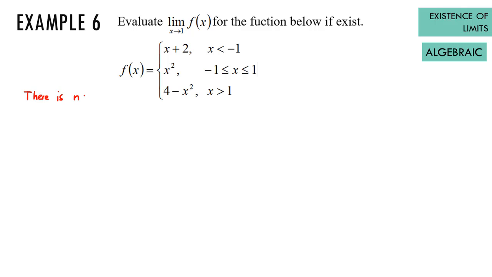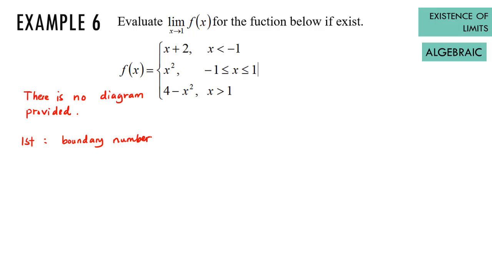After using the graphical method to determine the existence of limit, let us proceed to the second method, which is the algebraic method. There is no diagram provided, but the piecewise function is given. Firstly, we need to identify the boundary numbers from the question.